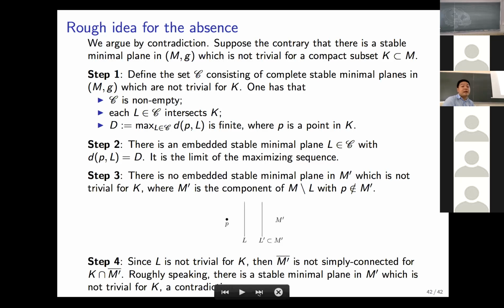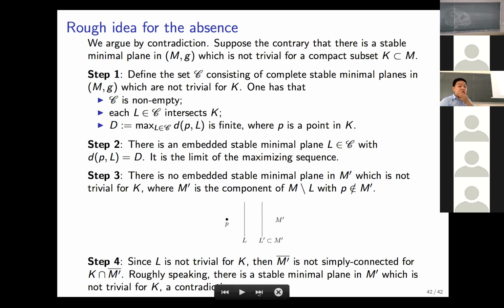Step two, we can find an embedded stable minimal plane L in the set with the distance from P to L equal to D, because we can consider a minimizing sequence and consider the limit of this sequence. The limit is the required plane.